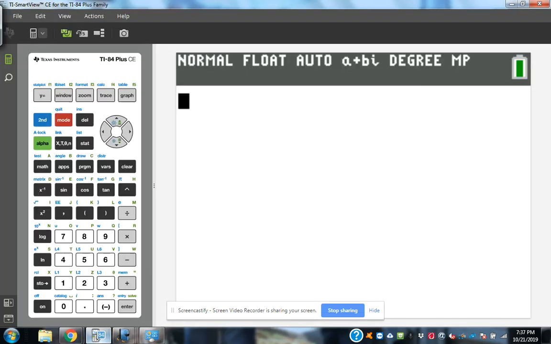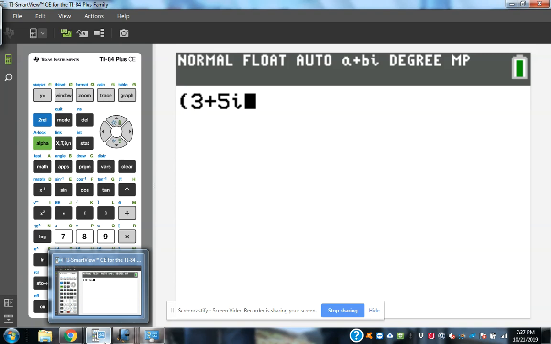So we're going to do parentheses, 3 plus 5, and then to get the i, you hit second decimal point. Second decimal point gets the i in the problem.